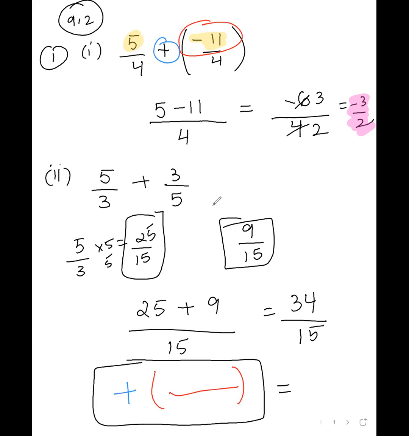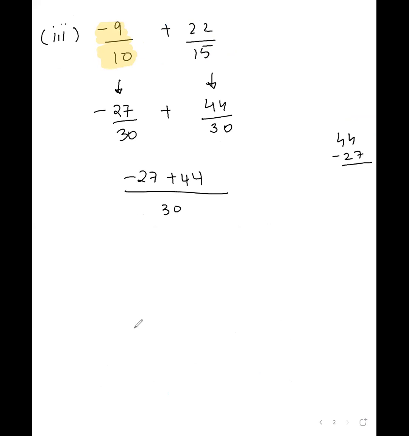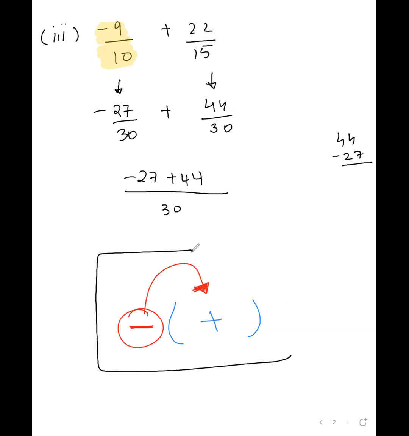It will be negative only, right? Similarly, if you have a negative sign outside and inside the bracket everything is positive, then because of this negative sign, no matter how much positivity was there inside the bracket, it will all become negative. So the overall value of this entire thing will be negative.